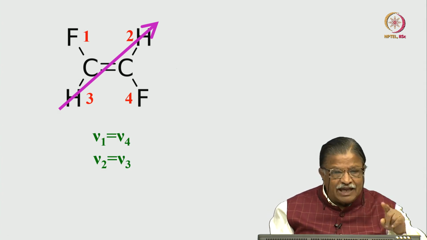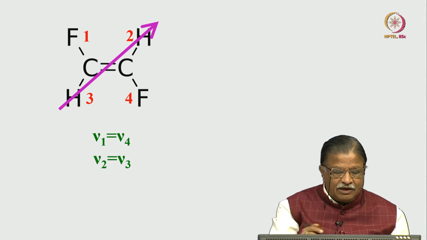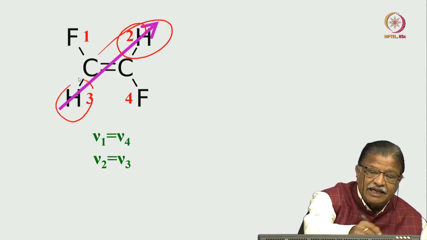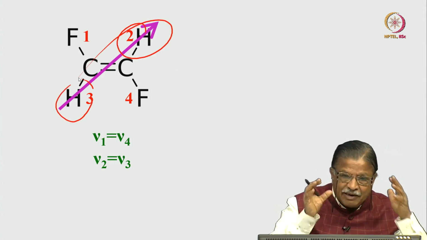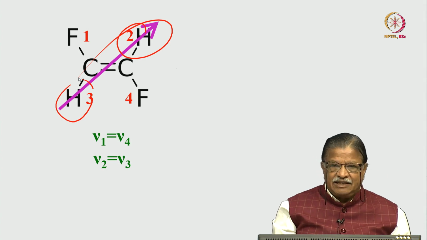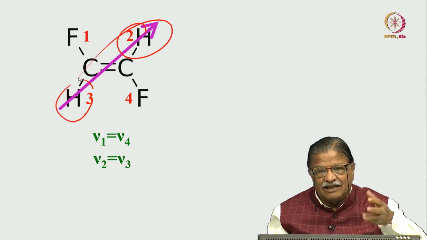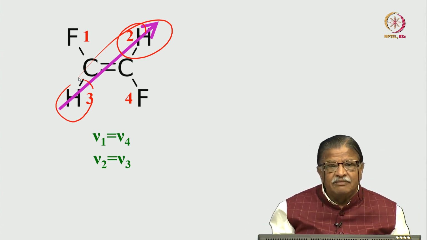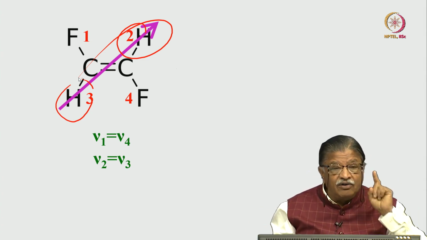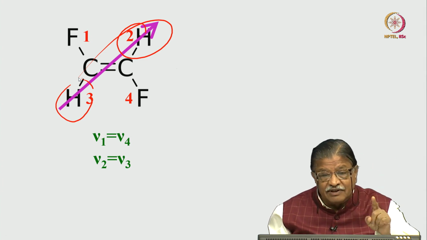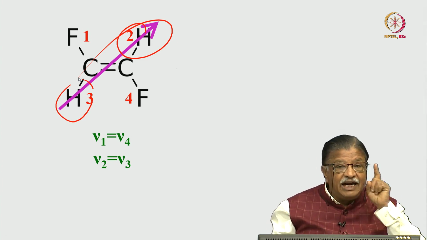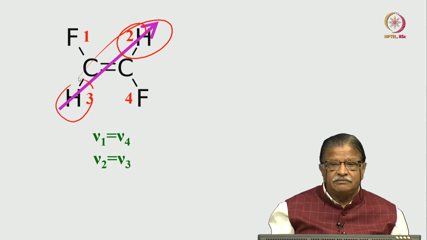If I see the proton NMR, protons 2 and 3 are identical, having the same chemical environment; the charge distribution at the site of these two protons is identical, there is no distinction. So, they give rise to a single peak. Although there are two protons, because of the same chemical environment, it gives rise to a single peak.